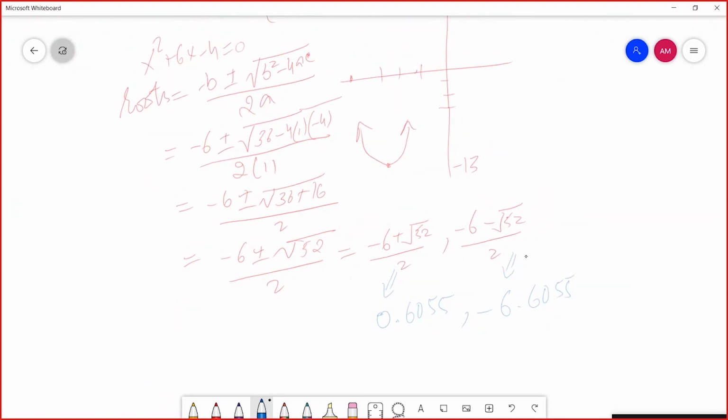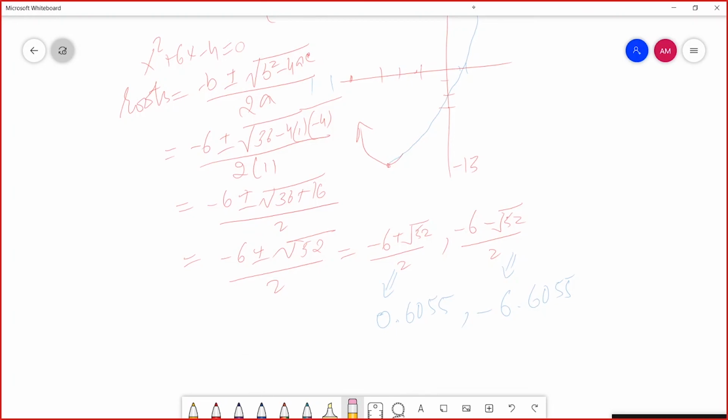If you go back to this graph, it is going somewhere. If it is 1, it goes like this, and here 1, 2, 3, 4, 5, and 6. I am just rubbing this out, and this is our minimum point.